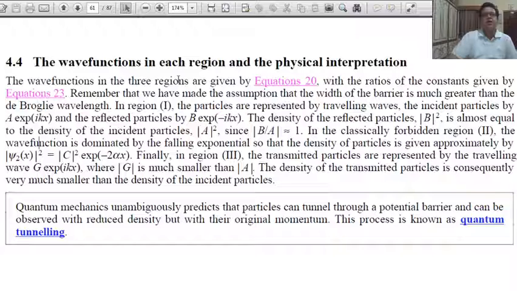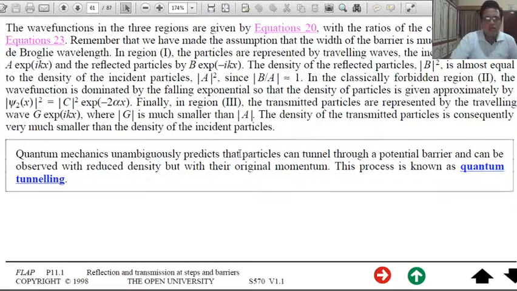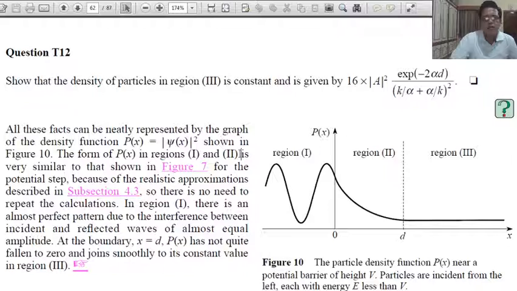Now the wave function in each region and the physical interpretation. According to the potential step problems, the probability density is given by psi squared, and it can be considered like this equation. Show that the density of particles in region 3 is constant and given by 16A squared exponential.